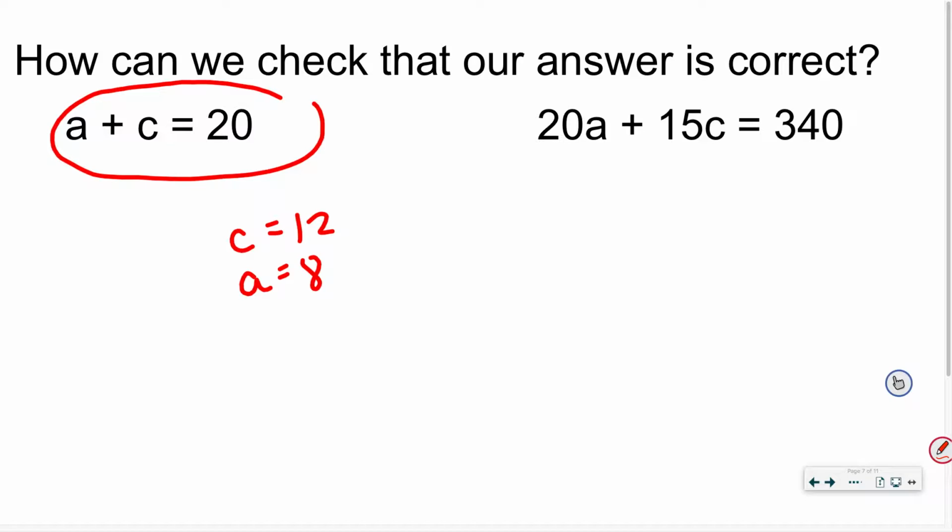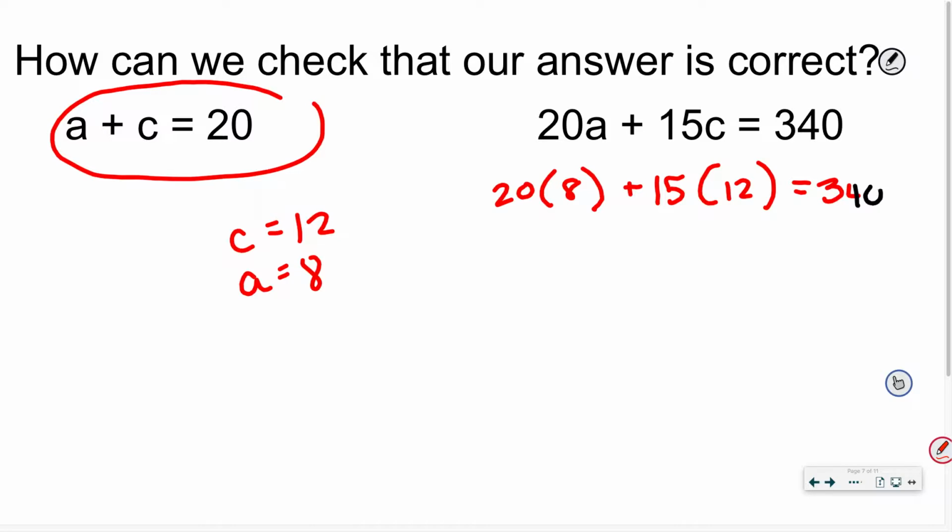We should still check to make sure that if I bought 8 adult tickets and I also bought 15 children's tickets, that I would in fact spend $340. Because imagine I made a calculation error like I just did, and I ended up with something like C equals 6. I can't just assume using this equation that if I had 6 children's tickets, there would be 14 adult tickets, right? Because my calculation error wouldn't have been caught.